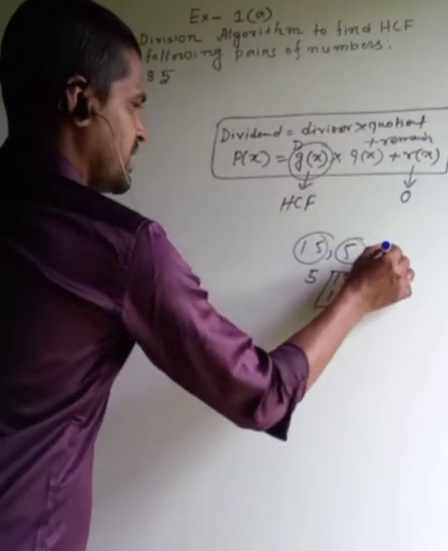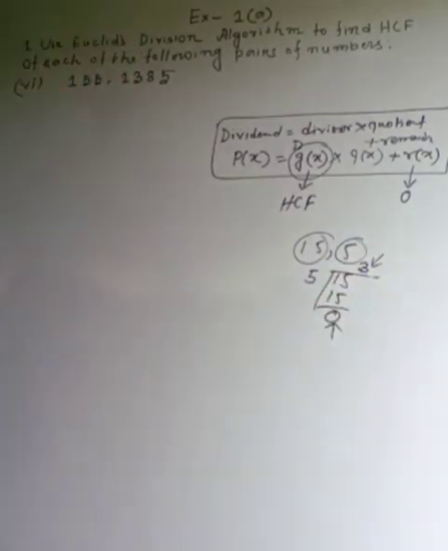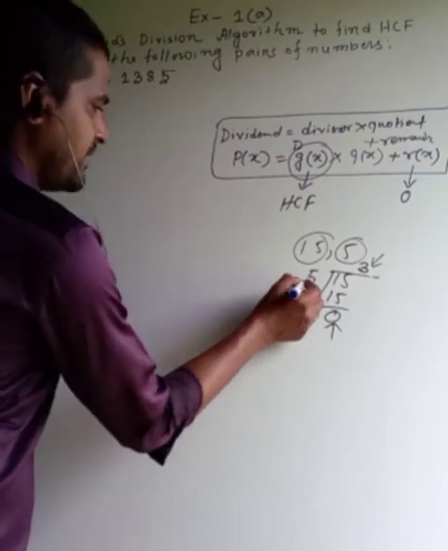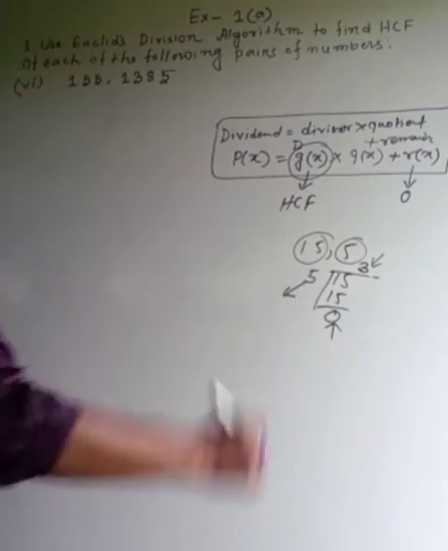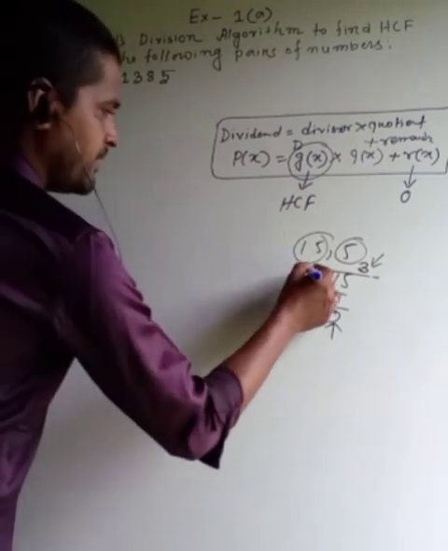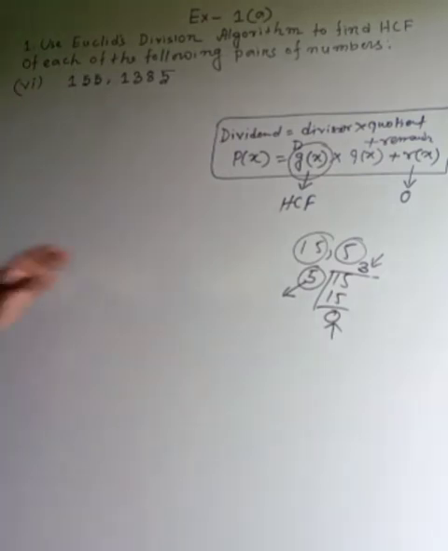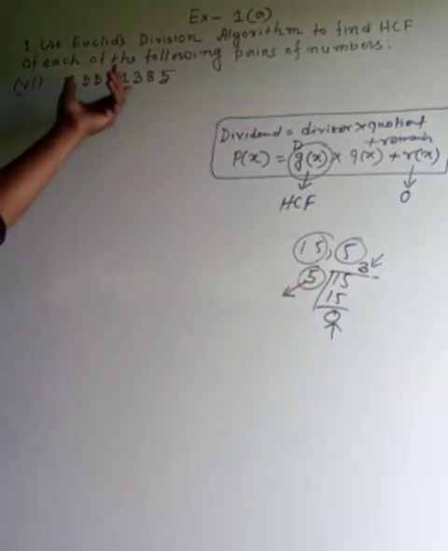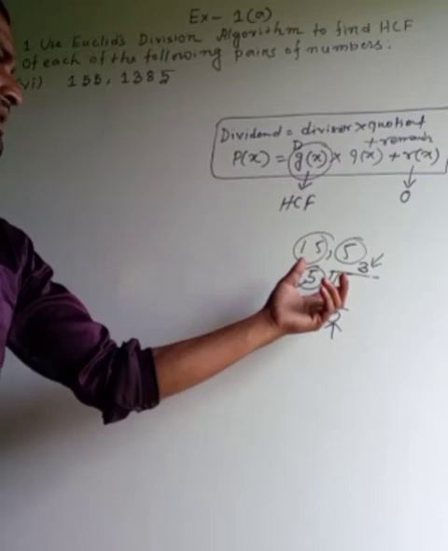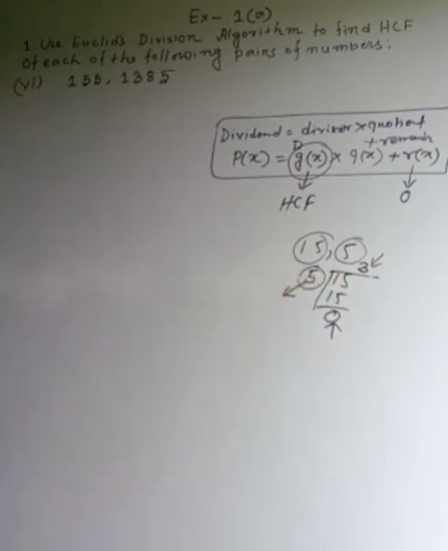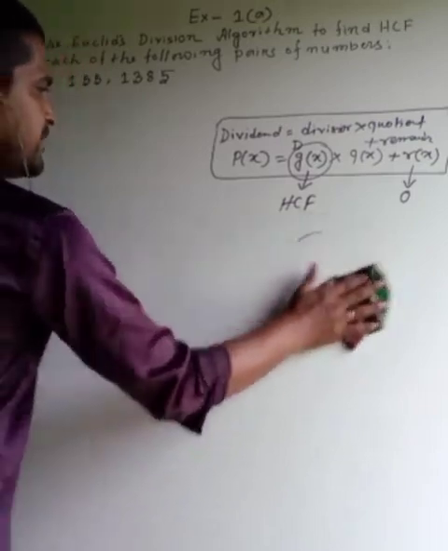The quotient was 3 and the divisor was 5. So this 5 will be the final answer. This 5 will be the HCF of 15 and 5.